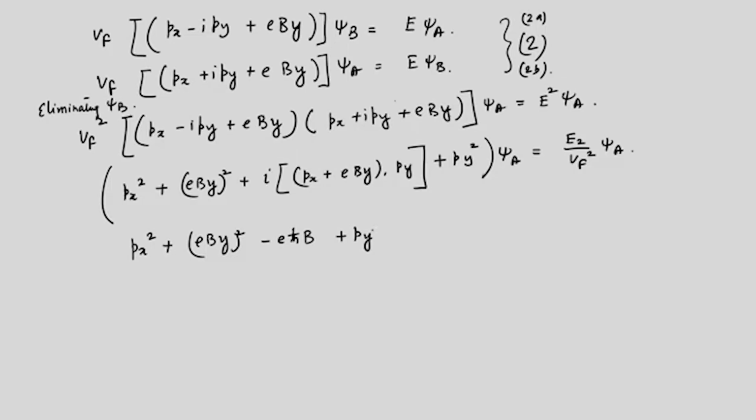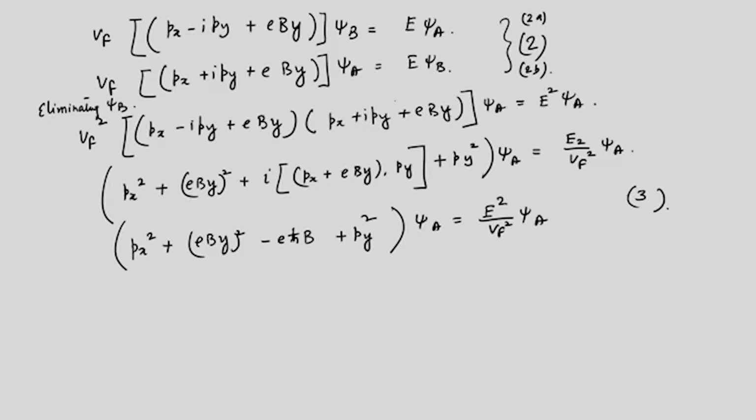So, once we do that, we get this equation: psi a is equal to E square by Vf square psi a. Let us call this equation 3. This is the equation which gives you psi a, or rather the Schrodinger equation for psi a.